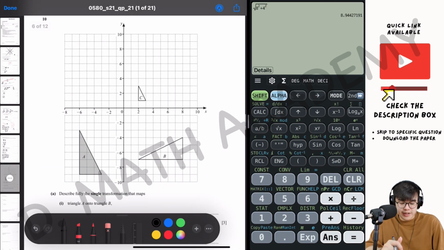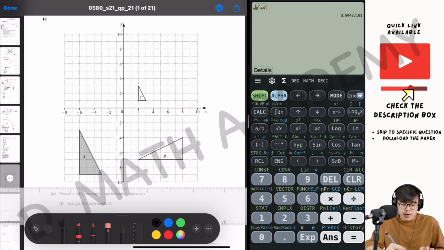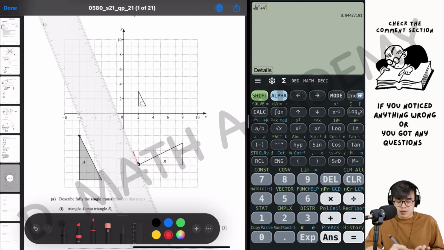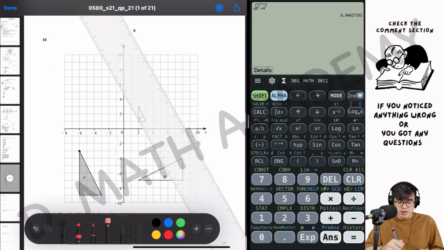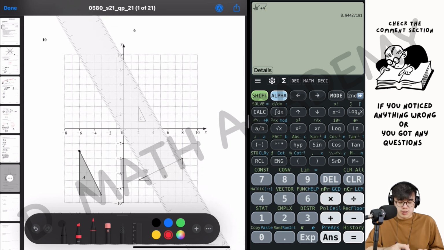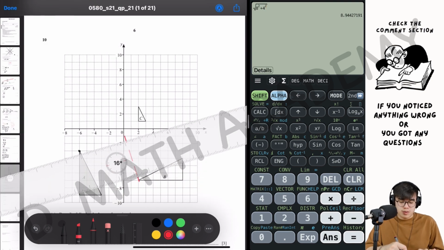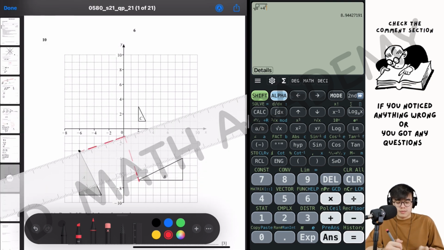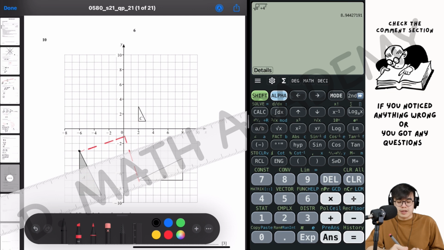Question 10 here is actually a transformation question. For A to get to B here, I know that these 2 points are corresponding to each other. So the center should be located somewhere around here. This will be the 90 degrees that I'm referring to.